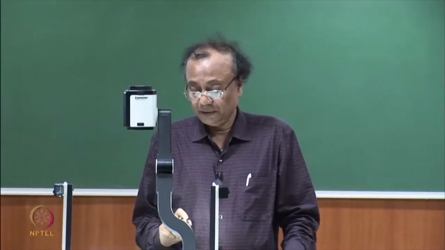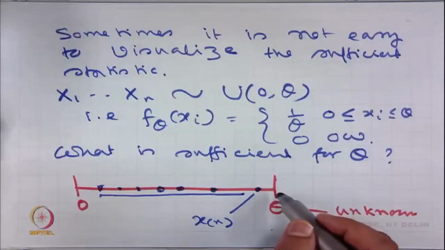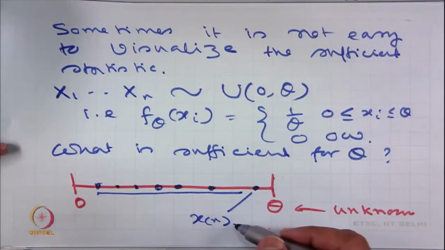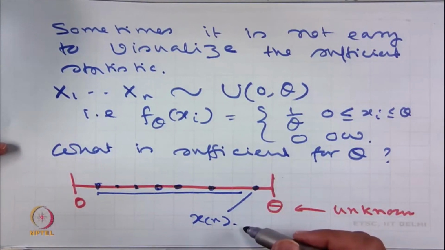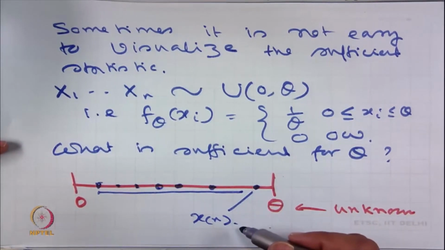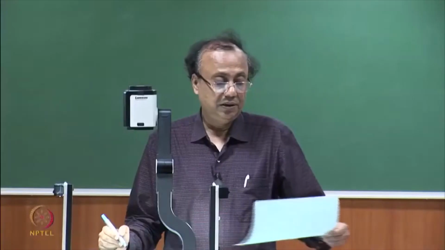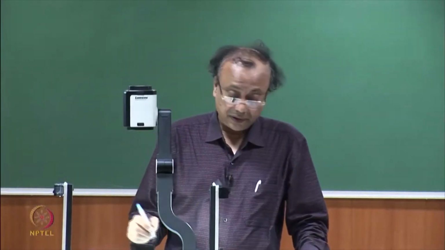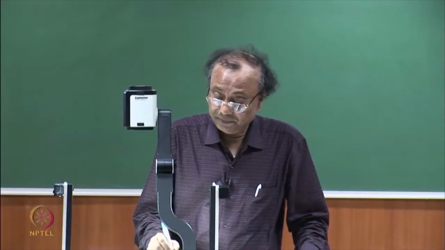Or in other words, the best estimate that we can make for theta is through the nth order statistic, or xn. Therefore, we can say that xn is the sufficient statistic to estimate theta. How to do it mathematically?